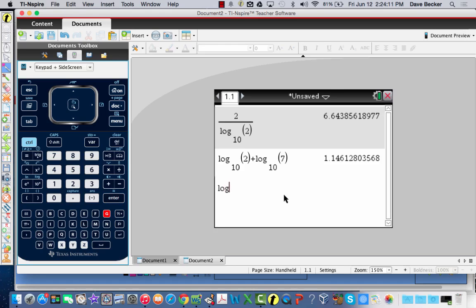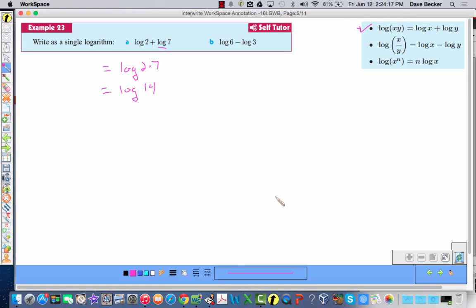Or we can just take the log of 14. Same thing. Okay, so just a little technology convincing, I guess. So this would be equal to log of 6 over 3, according to this law right here, which would be equivalent to log of 2.